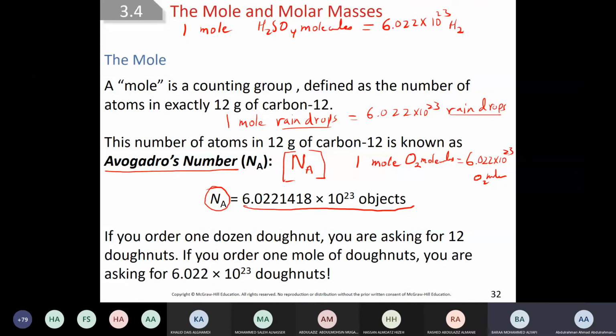Write the whole name: H2SO4 molecules. Clear?